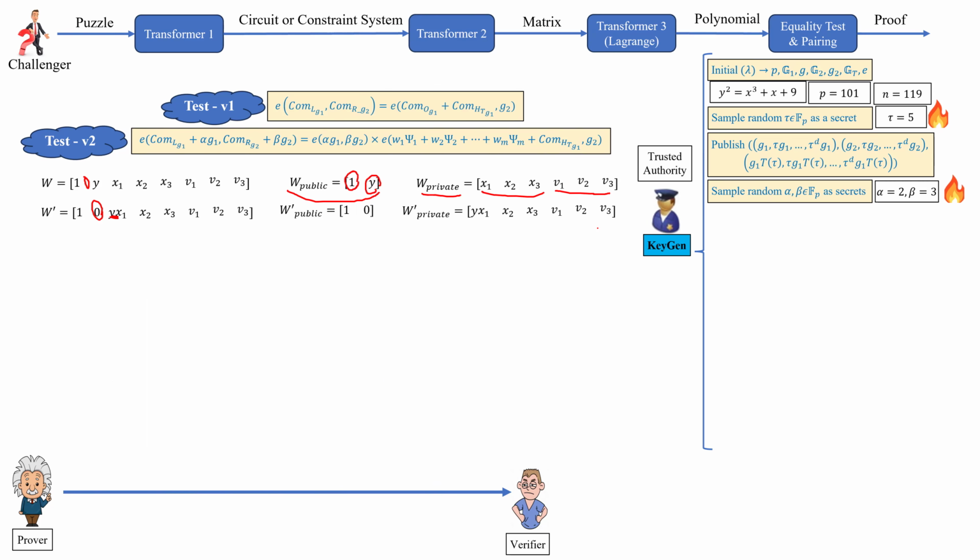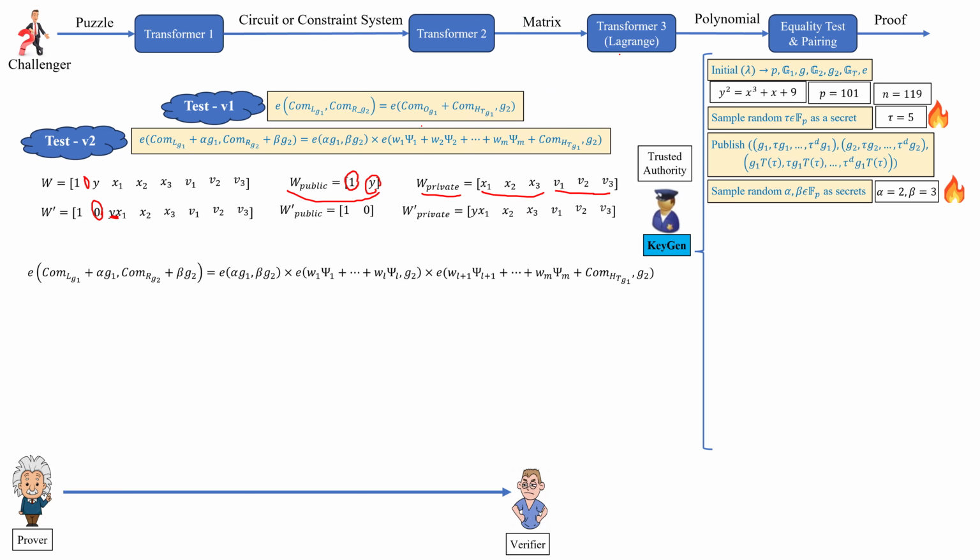If we write the public and private vectors of W prime, the form of public and private would be different from the valid public and private parts of the witness vector. This was test number 2.